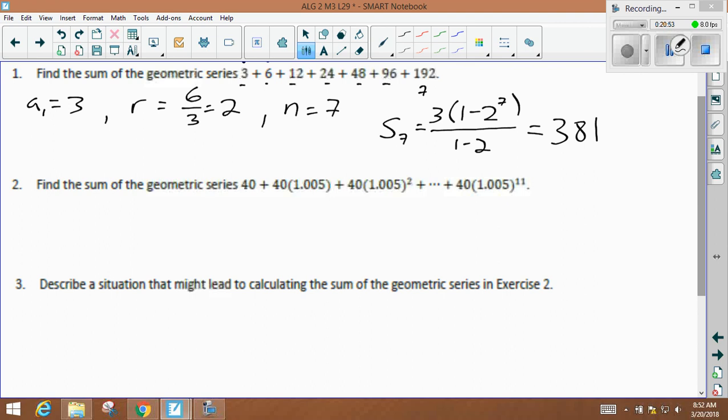How about this one? So again, a sub 1 is 40. r is equal to 1.005. And n is 11.